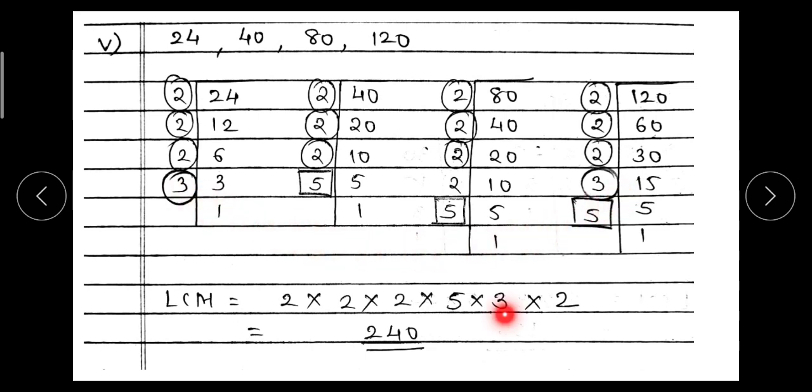Now which are uncommon? See this 2 is uncommon. So 2. So if we multiply all these numbers, we will get LCM is 240. Okay. So students, here we have completed question number 3 of practice set 14.